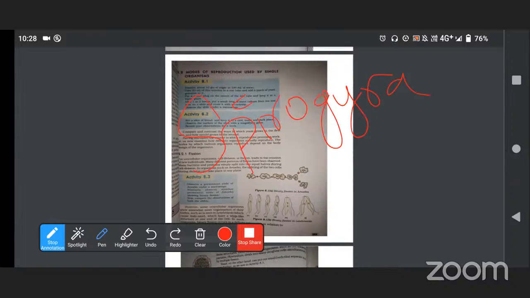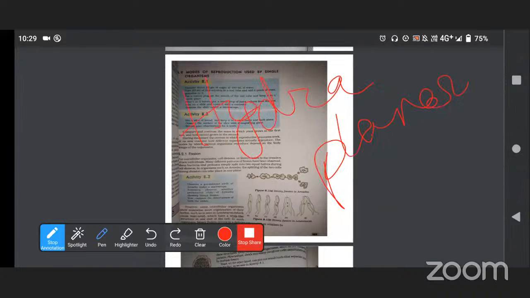Then the third one is called regeneration. In regeneration we have learned that hydra and planaria reproduce by this process. Here, if they are suddenly cut, their body parts accidentally, then from this cutting part a new individual will start to grow.